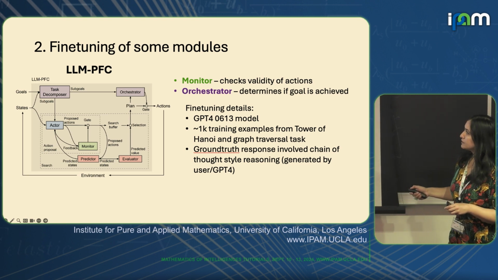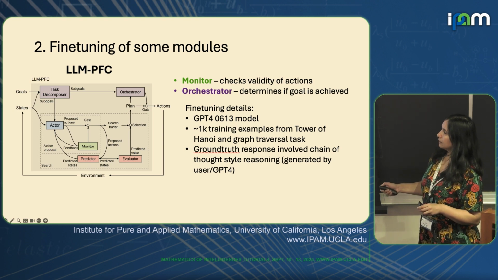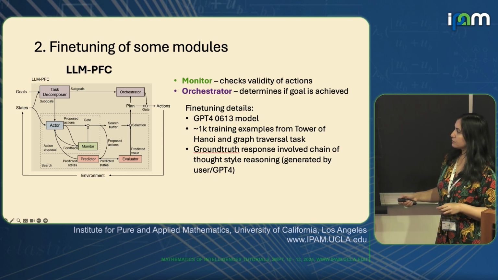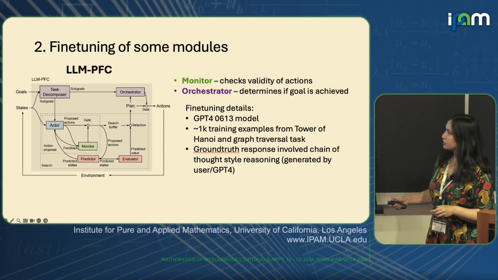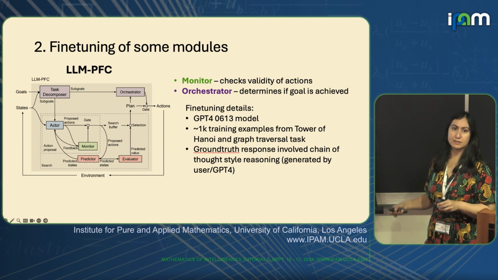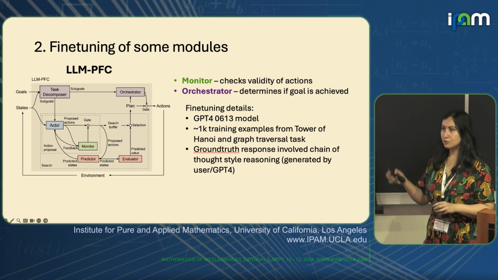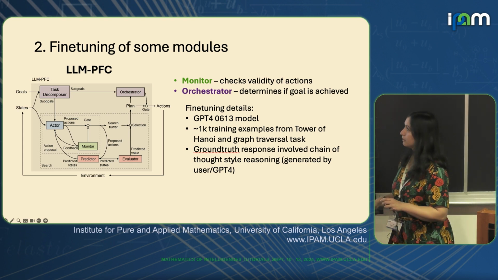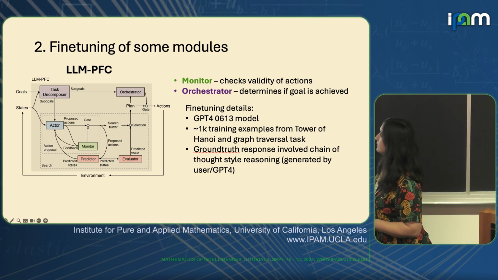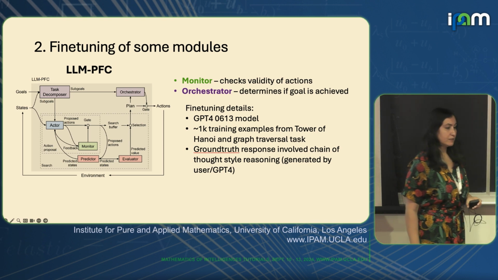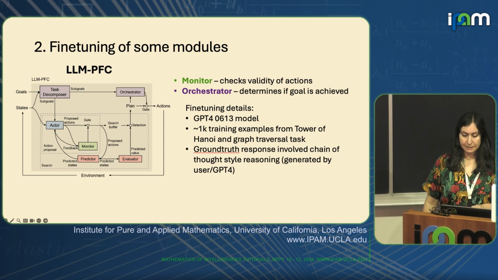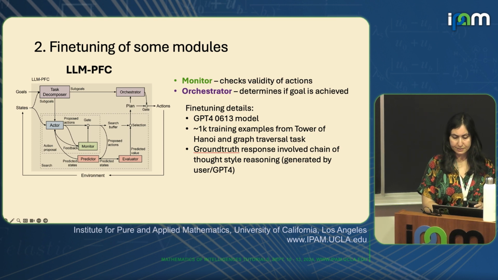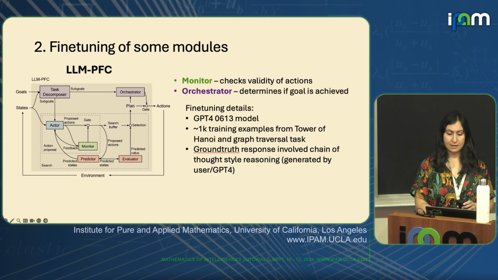So what you see is that we had 1K training, so unfortunately it was just in the order of 1,000, as I said. Ground truth response involves chain of thought style reasoning, and that's generated by GPT. So there's a ground truth of how you should be doing this, and then fine-tuning. What I can say is that it did not do as well as we thought it should. So next, we moved on to the idea of transfer between tasks.